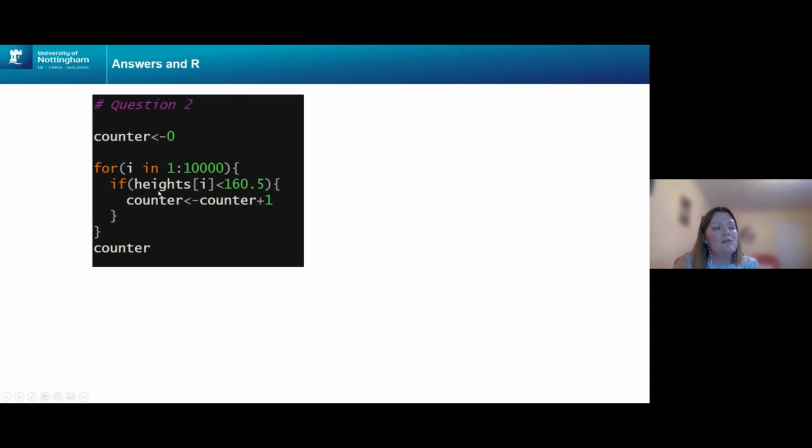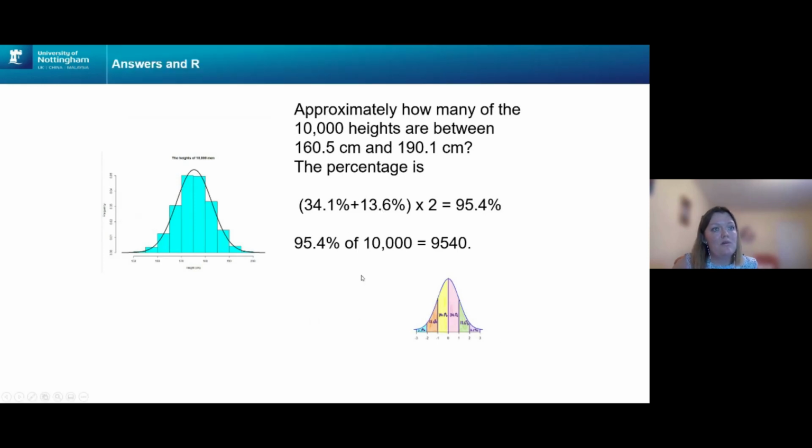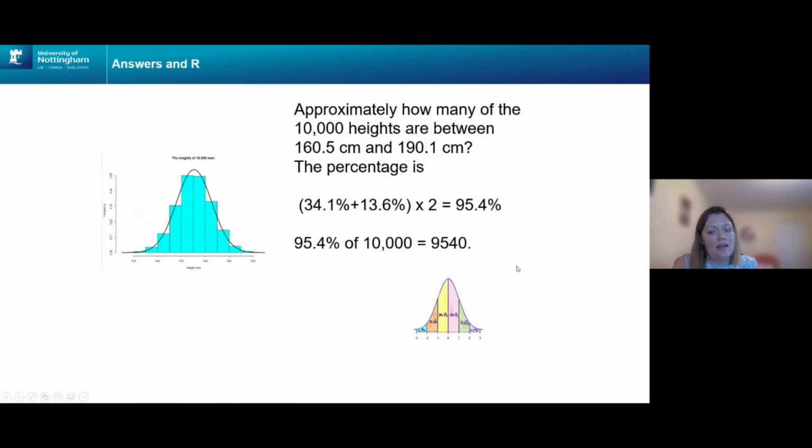And using R, we could do a similar thing: set the counter to 0, and for the 10,000 values, count how many heights are less than 160.5. We found the approximate value using R is 225, compared to the theoretical value of 230. Similarly, for question 3, we see that it's the orange, yellow, pink and green bit, because it's the ones that are within 2 standard deviations away from the population mean, which would be 95.4%, or 9,540 of the values.